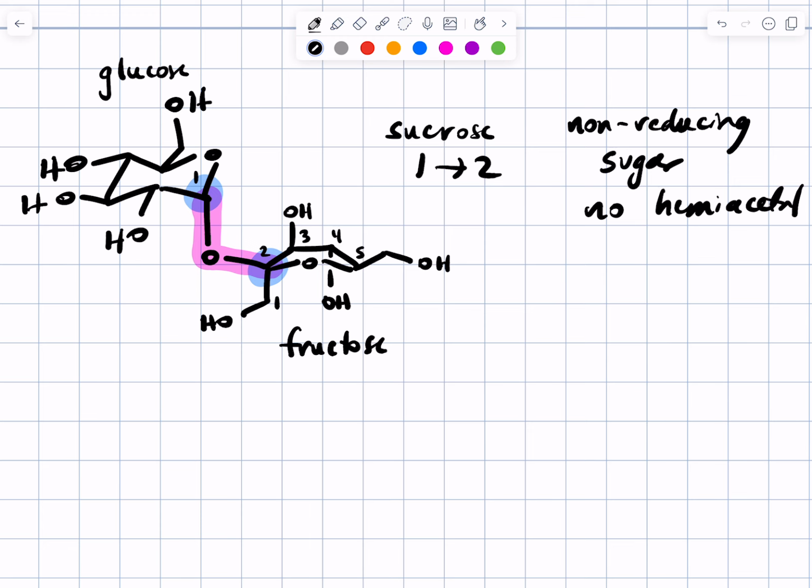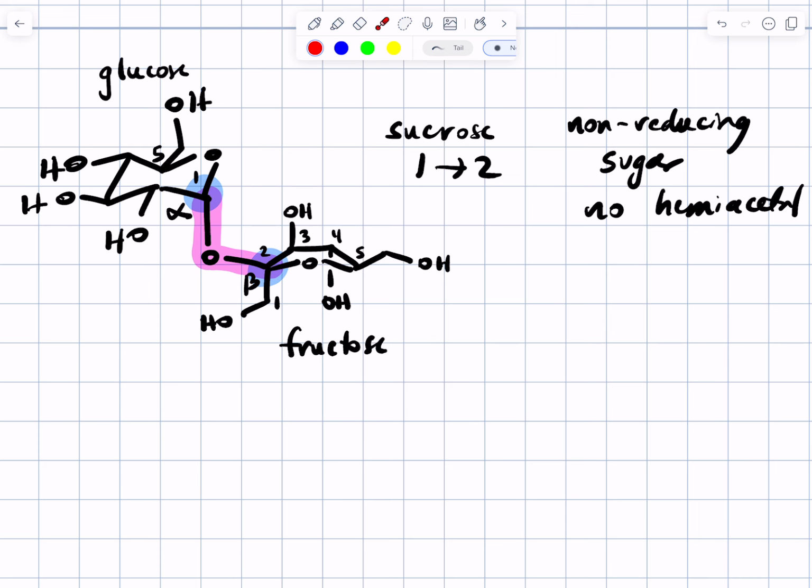You could say that the configuration of this carbon is alpha because this oxygen is on the opposite side of the ring as the C5 hydroxymethyl group. However, over here, you would say that the configuration of this carbon is beta because it's on the same side of the ring as the C5 hydroxymethyl group.